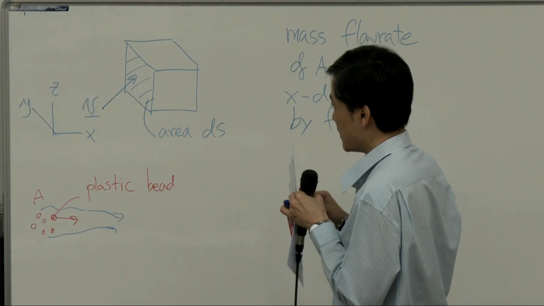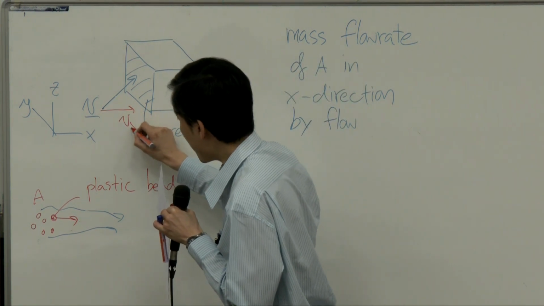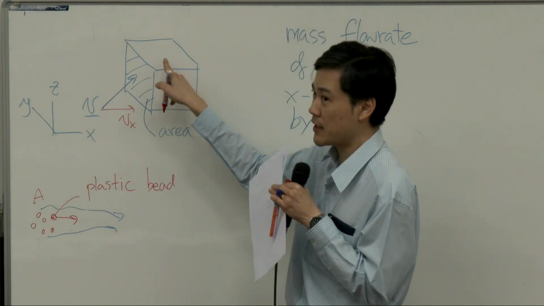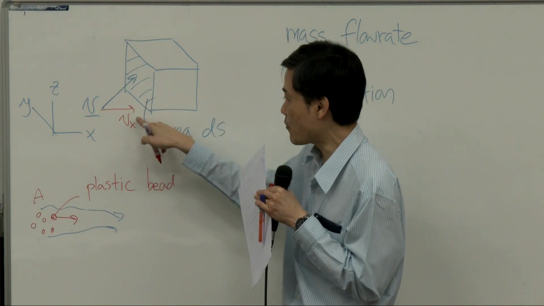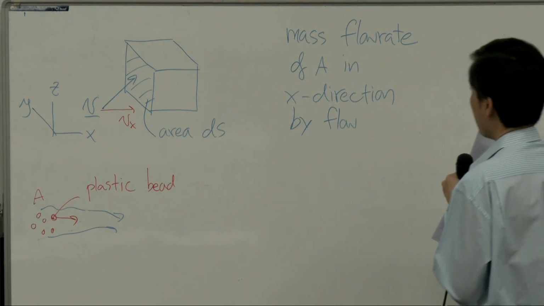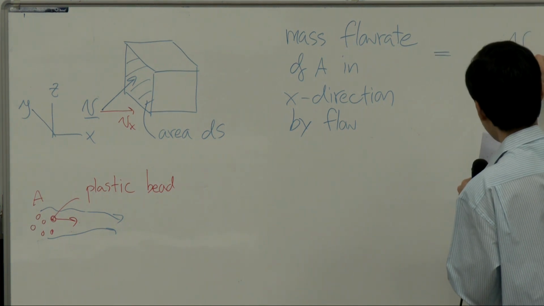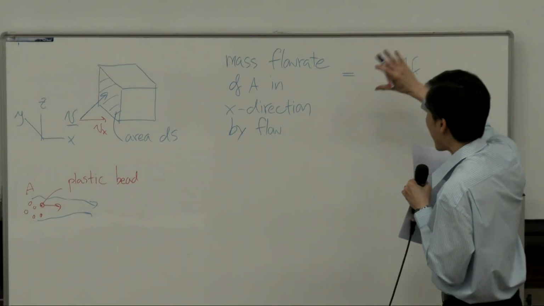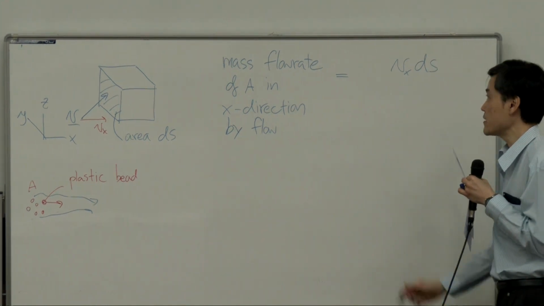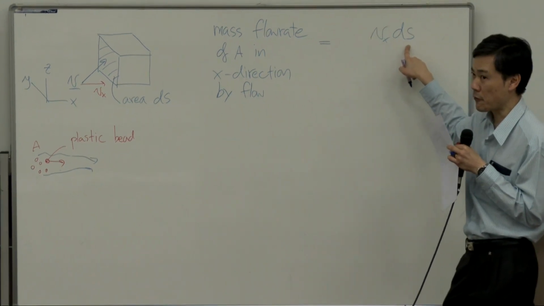Okay? So if I expand this velocity component to Vx, that means my bead traveling and entering this box should have x component velocity of Vx as well. So the mass flow rate in x direction is basically linear velocity, Vx, times the area perpendicular to that velocity component. That turns out to be the volumetric flow rate.